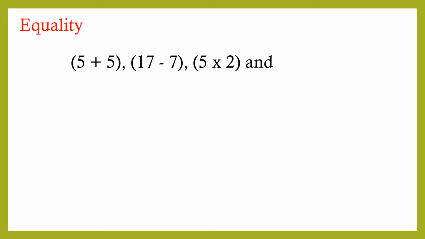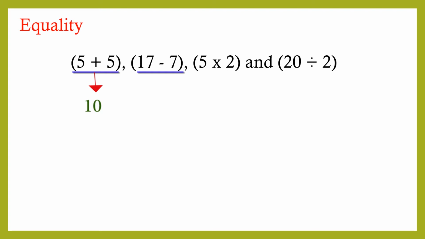Now we are going to know about equality expressions. For example, the expressions like 5 plus 5, 17 minus 7, 5 into 2 and 20 divided by 2. See, when we add 5 plus 5, we get the answer as 10.